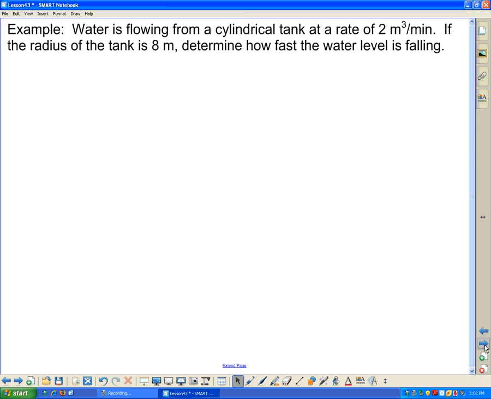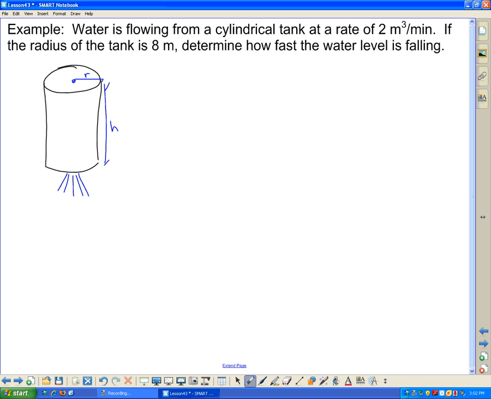So our next example. Water is flowing from a cylindrical tank at a rate of 2 cubic meters per minute. So cylindrical tank. So I'm just going to draw as best I can. And it's flowing from. So from would tell me that it's going out. With cylinders, we have radius, we have height.